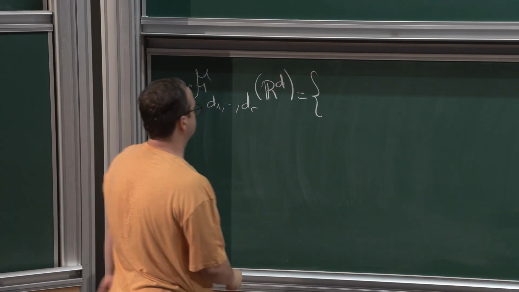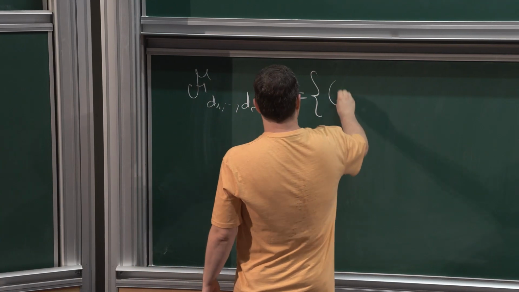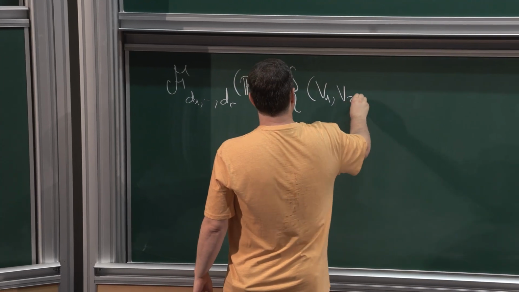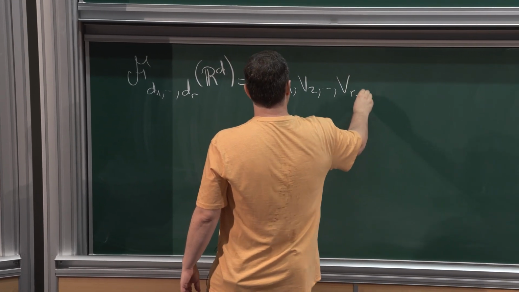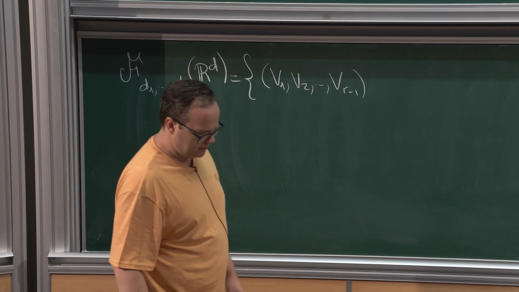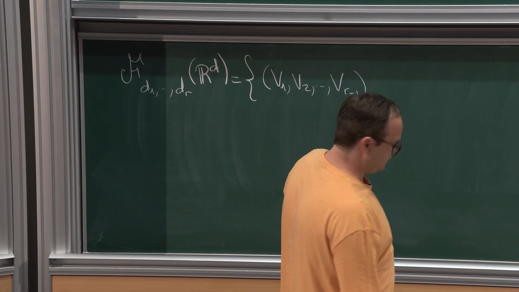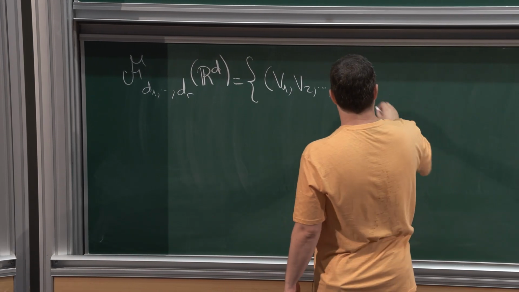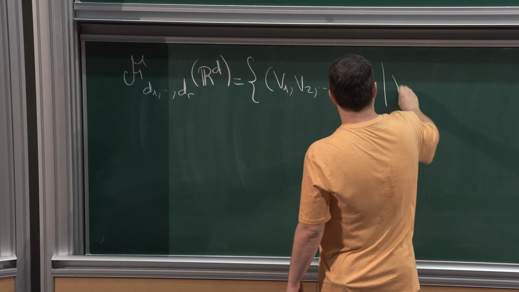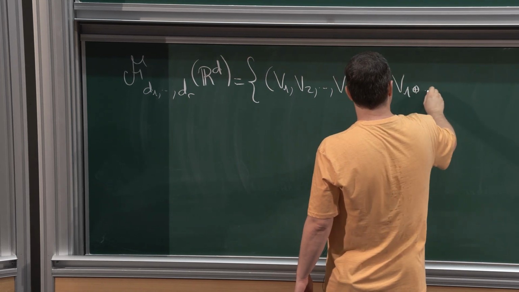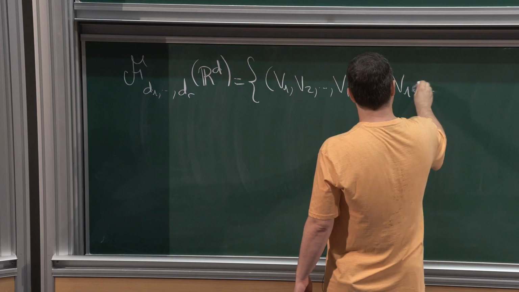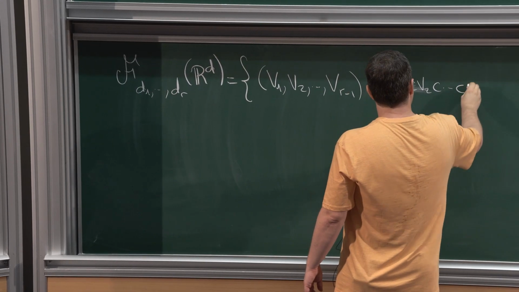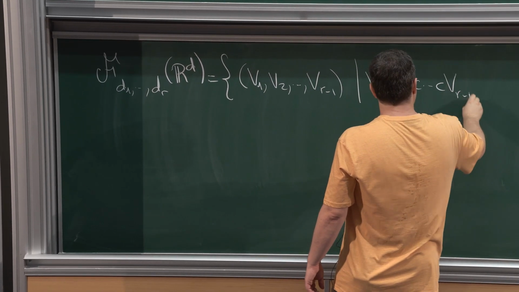This would be spaces V_1, V_2, up to V_{r-1}, actually you only need r minus 1, such that V_1 is included in V_2, included in V_{r-1}.